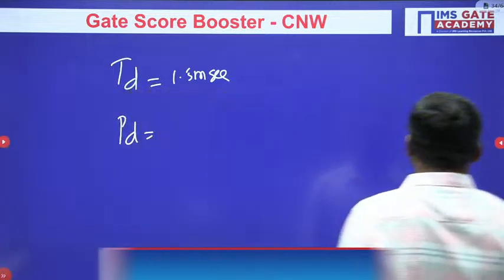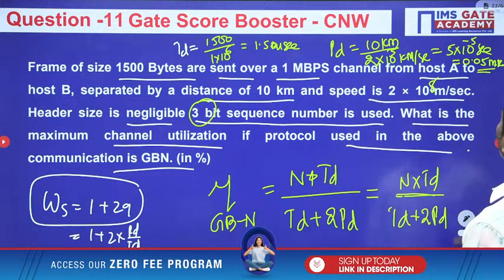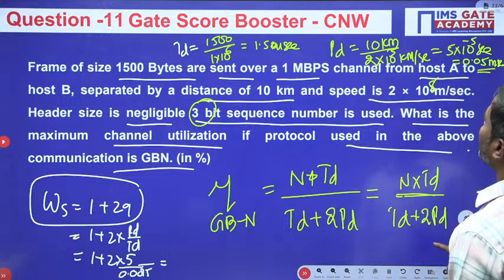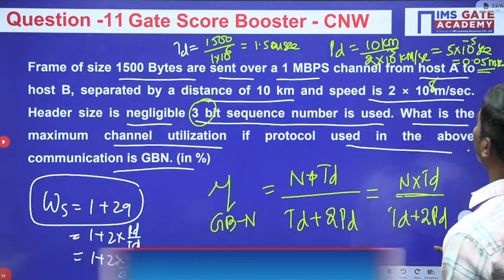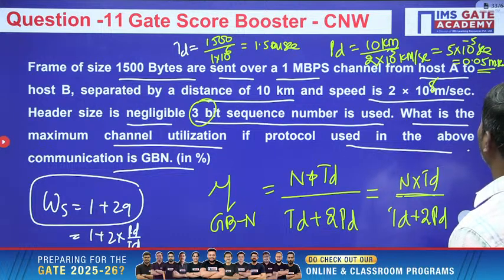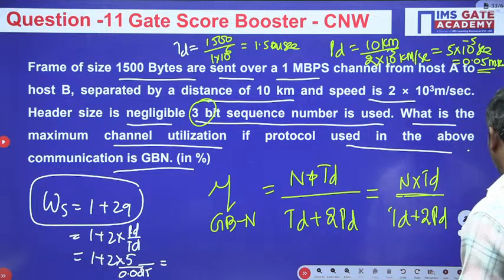Amar, these values, please, there is some printing mistake: 2 into 10 power 8 meters per second only, or if I take it 3, what is the 10 kilometers, 10 in 10 power of 3. Okay, let me keep it 3 only, no problem.